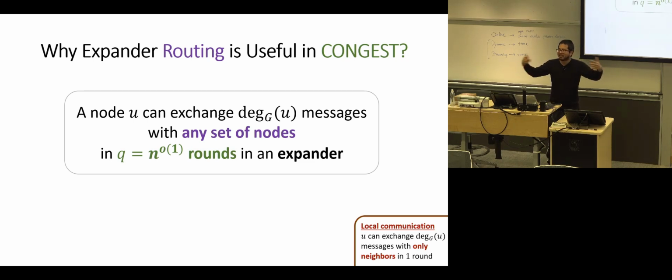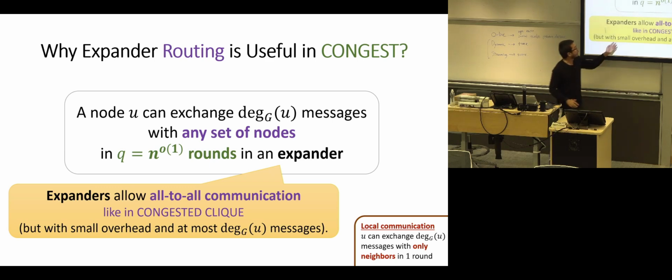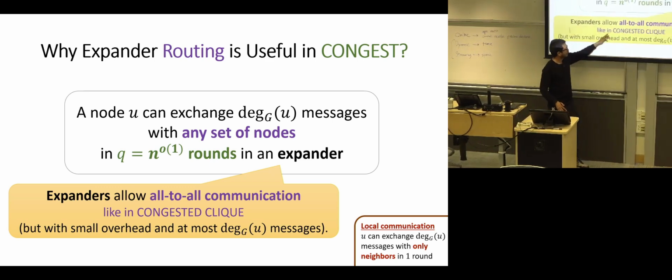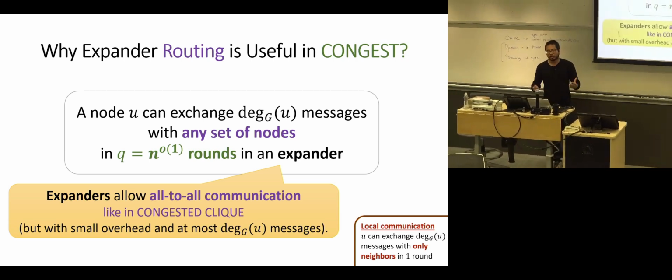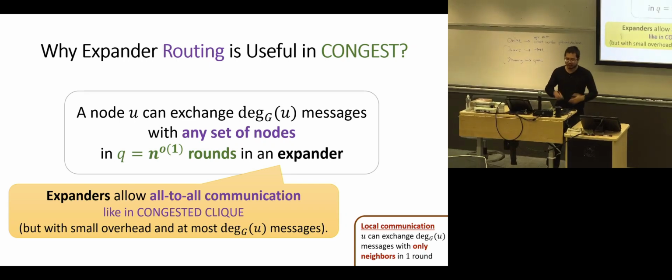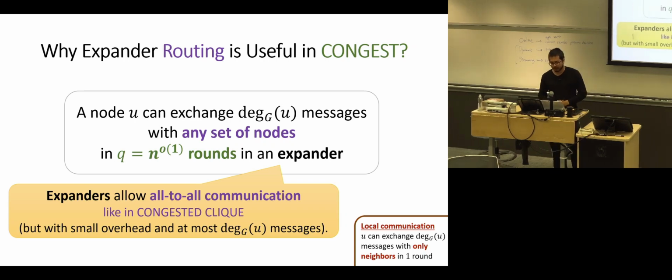Okay. So you see the intuition is that it now simulates all-to-all communication instead of local communication. Expander routing allows all-to-all communication similar to congested clique. That's the intuition. So if you can do this fast, then you basically can simulate the congested clique model. Okay.